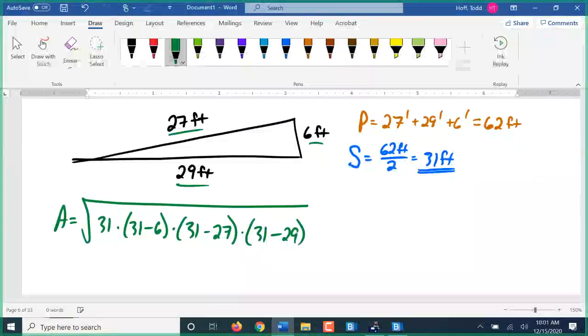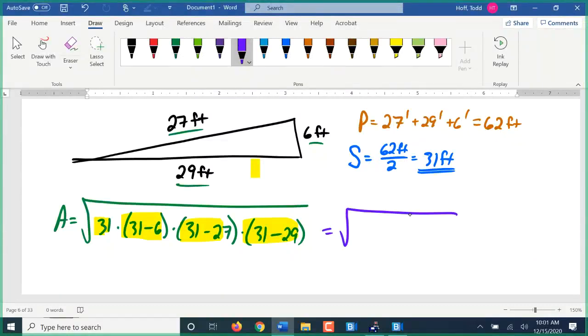So notice we have the semi-perimeter in here by itself first, and then we have the semi-perimeter minus each of the sides as well. So that's the square root of 31 times 31 minus 6 is 25, times 31 minus 27 is 4, and 31 minus 29 is 2.